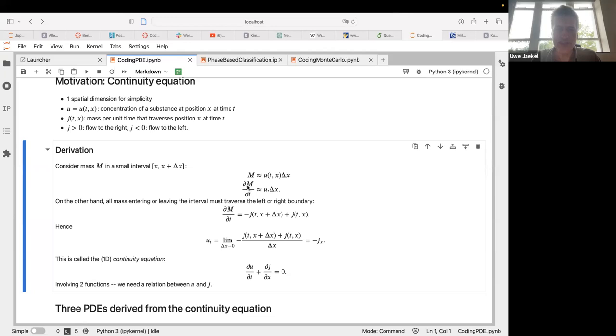And this means that if we take the change of mass, so when we ask how does the mass in this subinterval change, that will be the time derivative of u, the derivative with respect to time, times delta x.